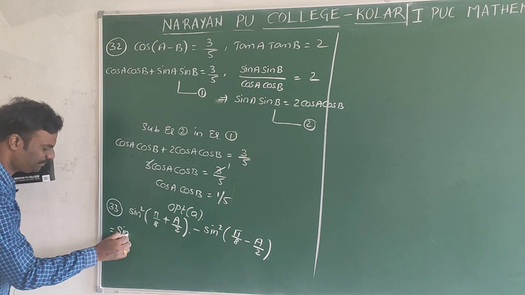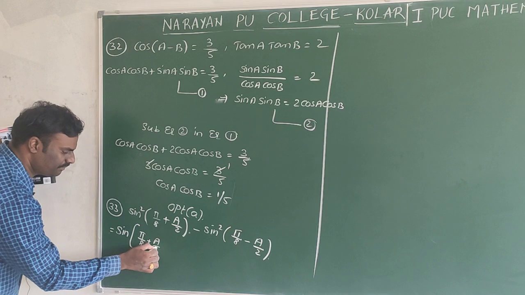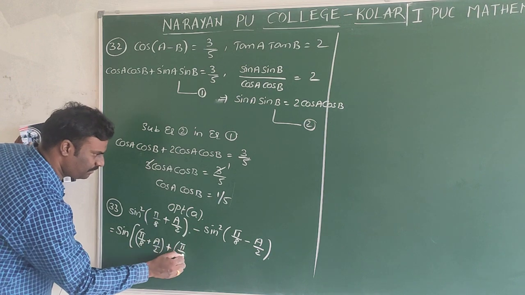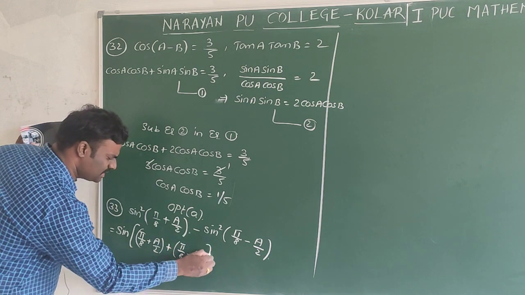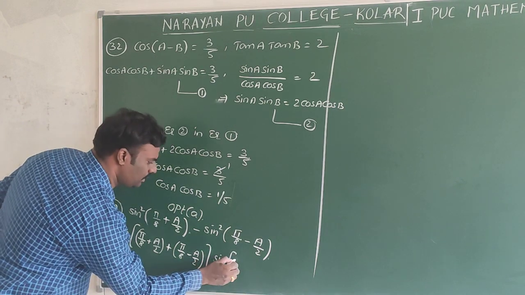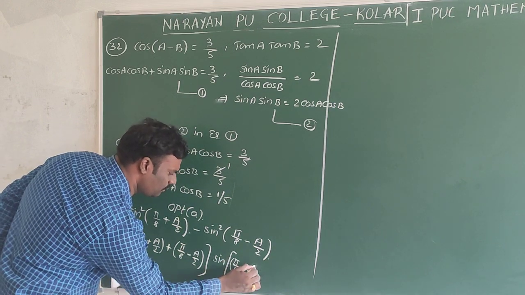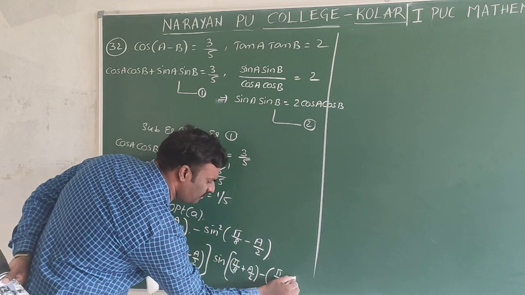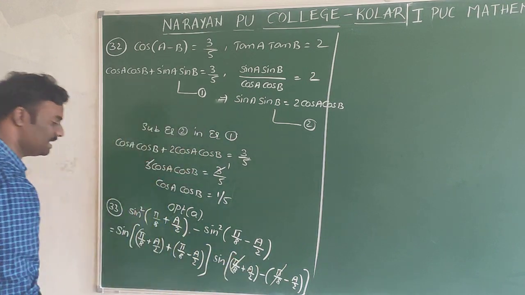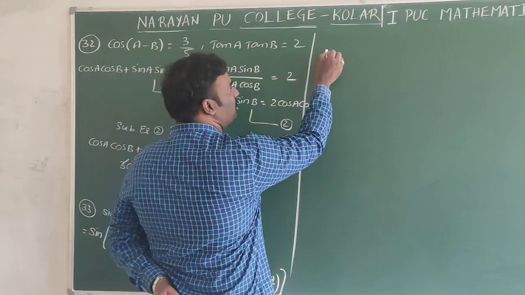Sin a means this full, plus b, sin of a plus b into sin of a minus b. See here, pi by 8 cancels, a by 2 cancels. Pi by 8 plus pi by 8 is nothing but 2 pi by 8.